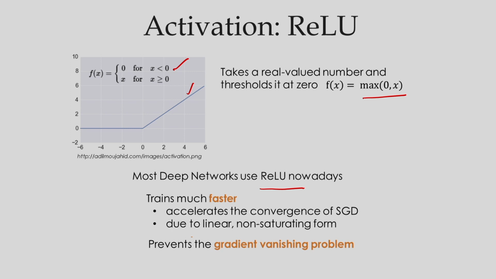In case of the ReLU, that is a rectified linear unit, the training is much faster and accelerates the convergence of the stochastic gradient descent. So that means the convergence will be fast, and due to the linear characteristics, the saturation problem will be eliminated. That means it prevents the gradient vanishing problem, because it is a linear function.